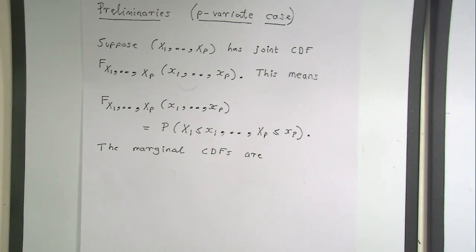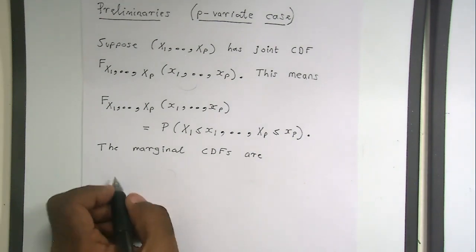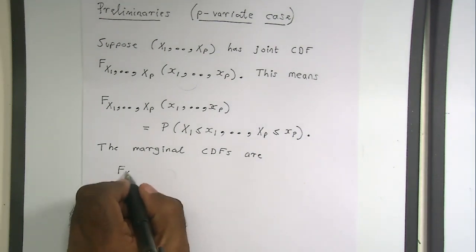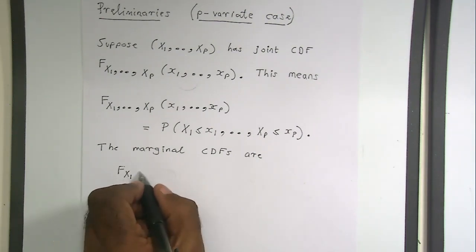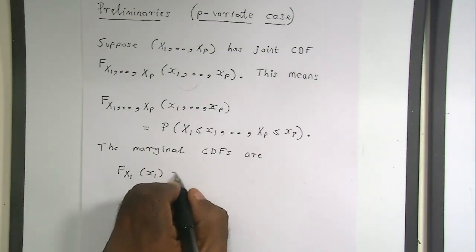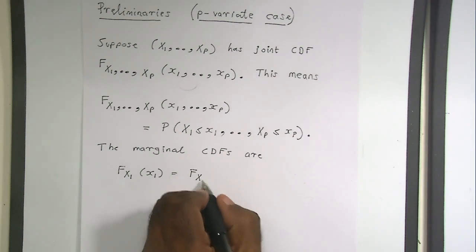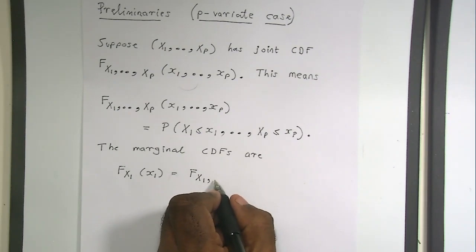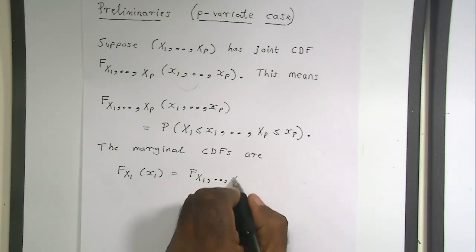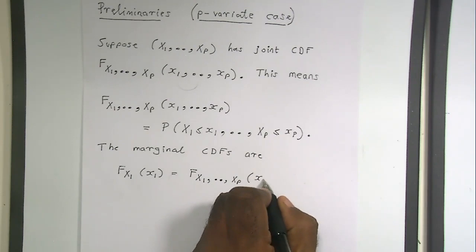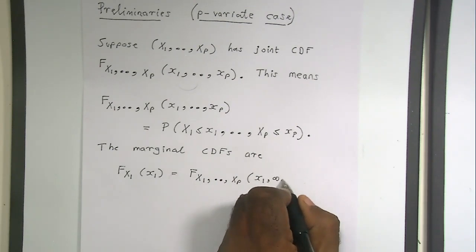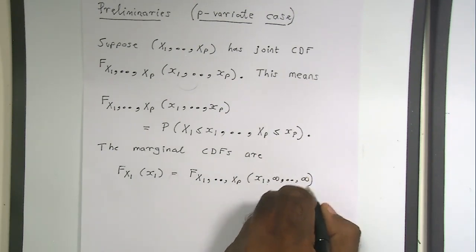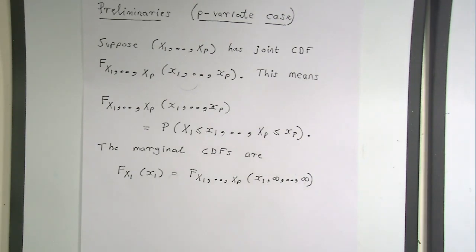To obtain the marginal CDFs of x1 to xp, what you do is the following. For example, to obtain the marginal CDF of x1, you put everything equal to infinity except for x1. That's how you do it.